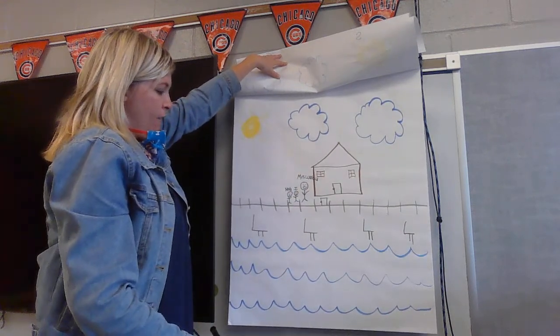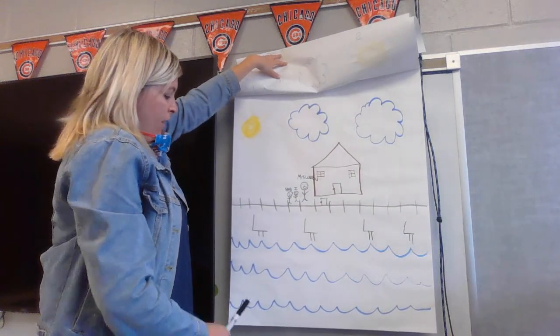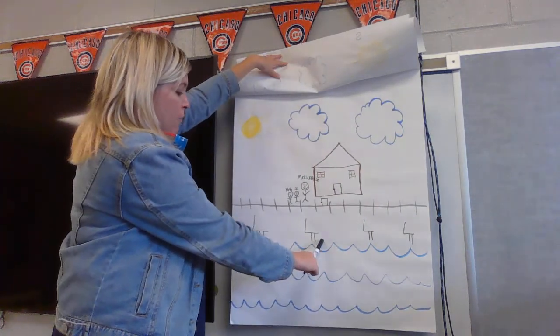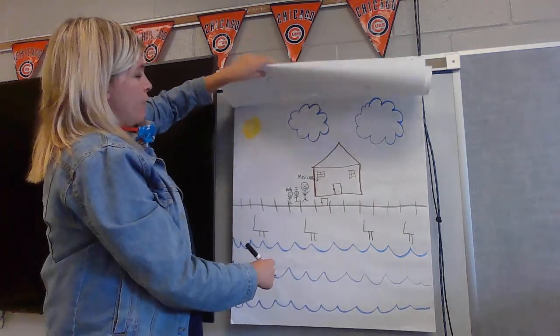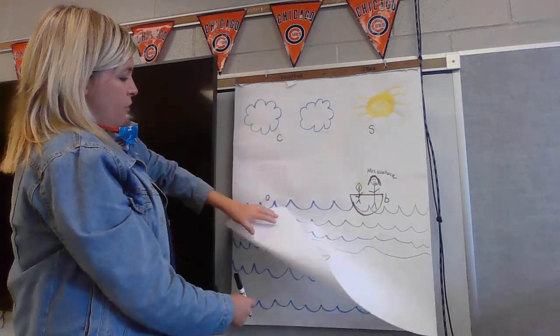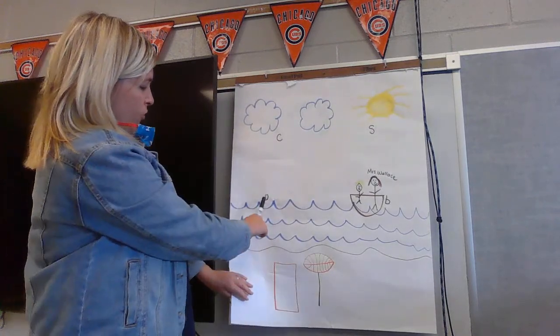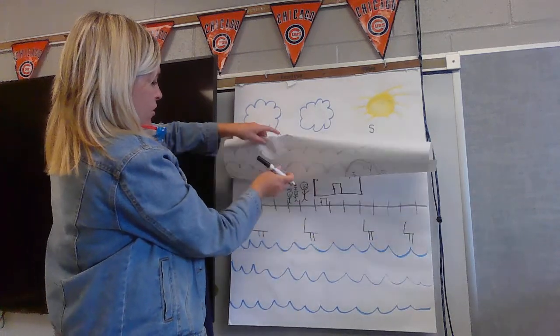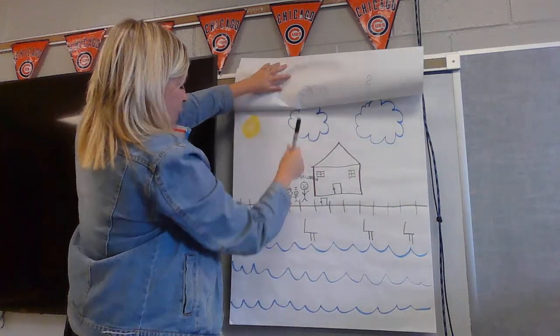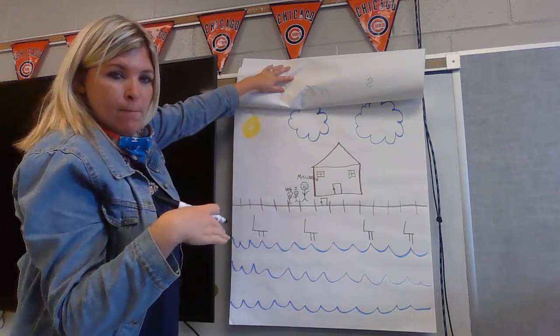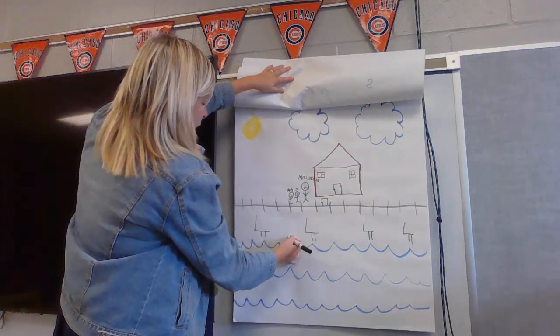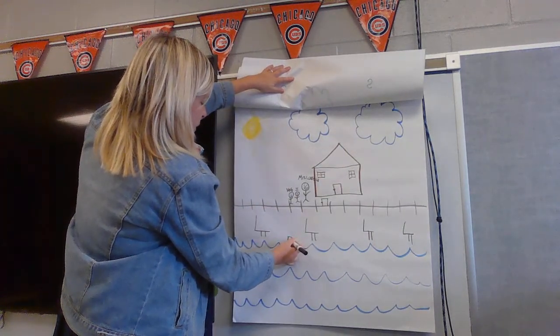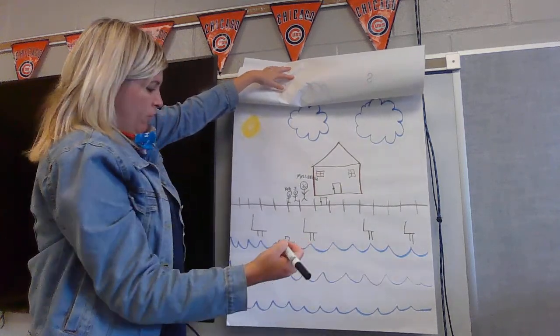So we have some other things to label. This down here is actually a pool. See how I got confused at which one was at the beach and which one was at the pool? This one was our ocean, so we know that is at a beach. And this here is a pool. P, pan, so I'm going to label P for pool, okay?